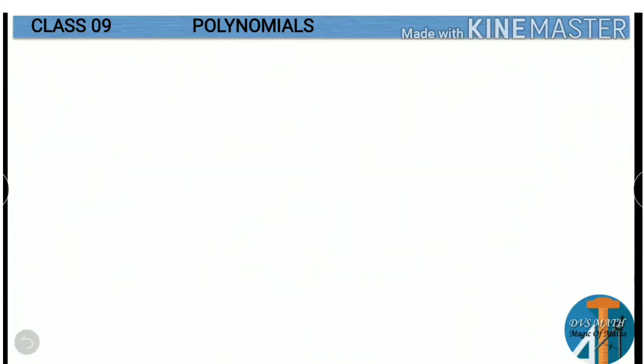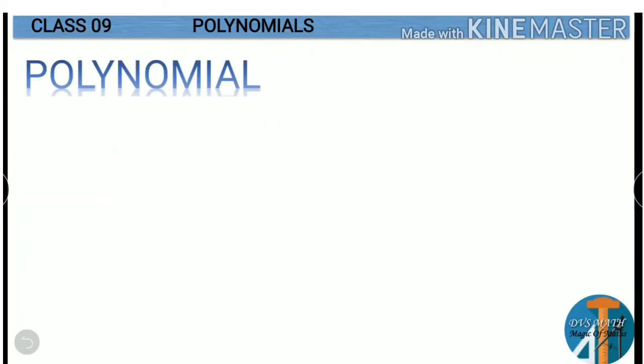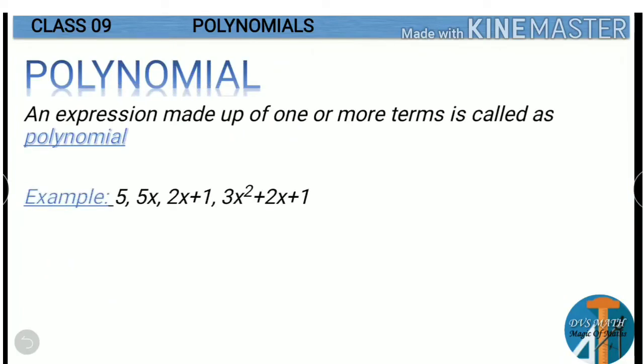Clear? So if we give the definition for polynomial, please understand: an expression made up of one or more terms is called a polynomial. Not only one term. If it is particularly one term, we call it a polynomial as well as a monomial. Remember. Or if it is 2 terms, a binomial, and together we call it a polynomial.